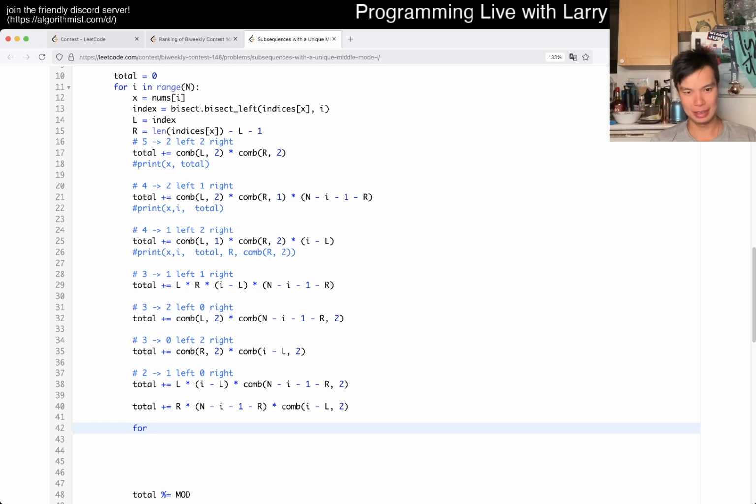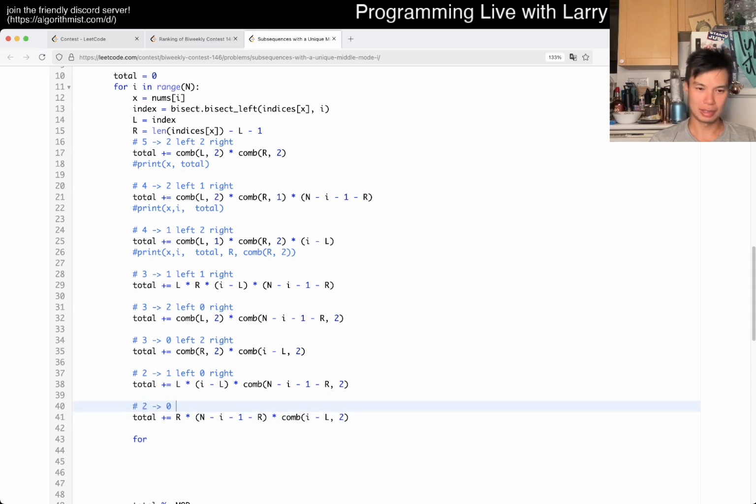Yeah. Just for consistency's sake. And then now we'll just subtract it out. Both the case where one number, there's 3 of them.